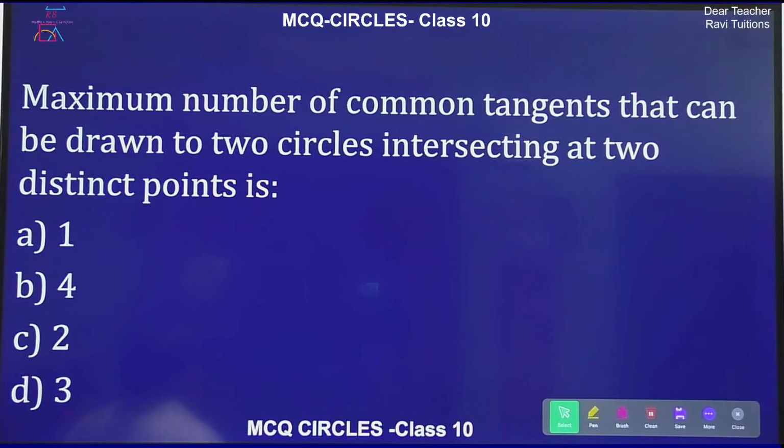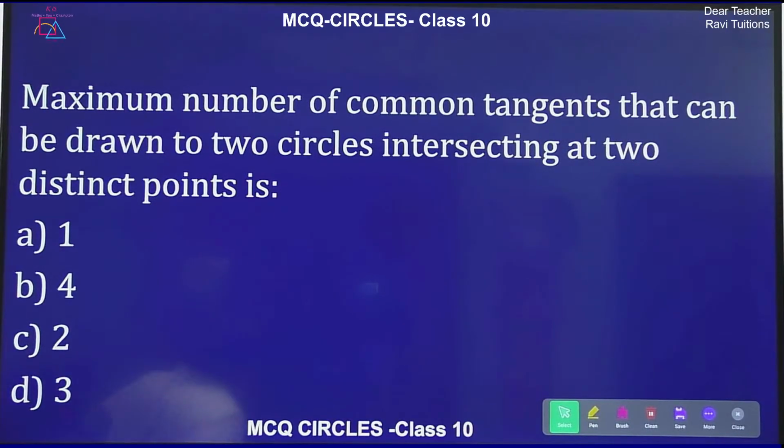The maximum number of common tangents that can be drawn to two circles intersecting at two distinct points.